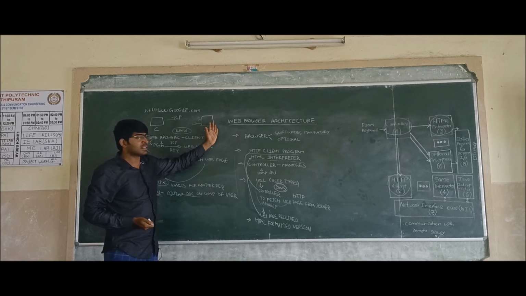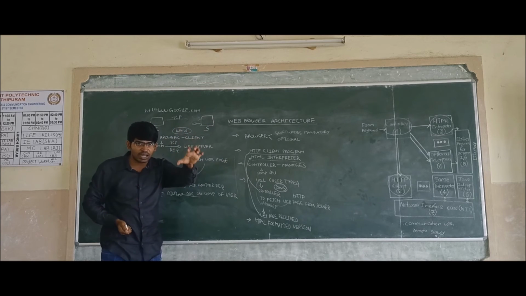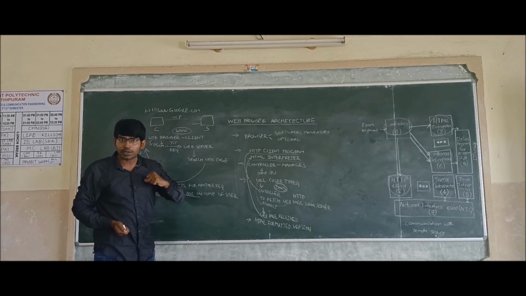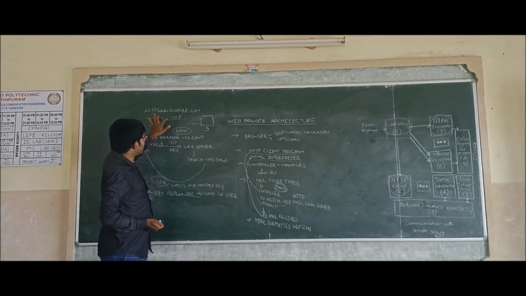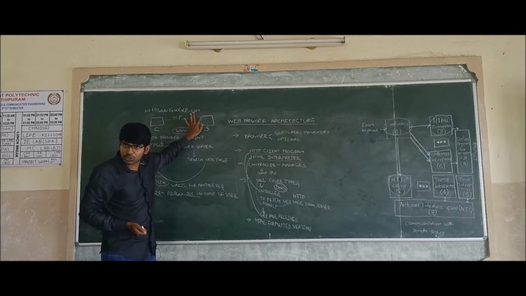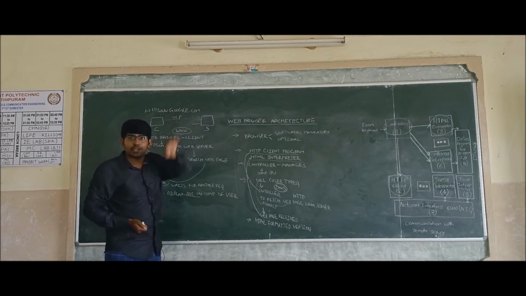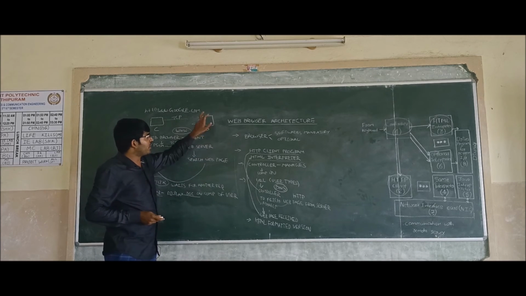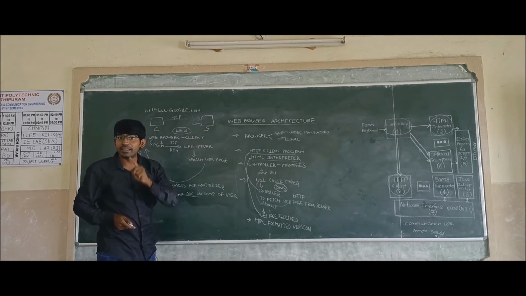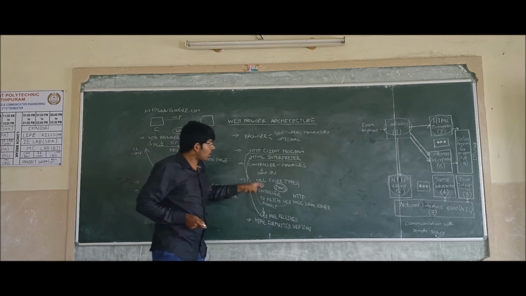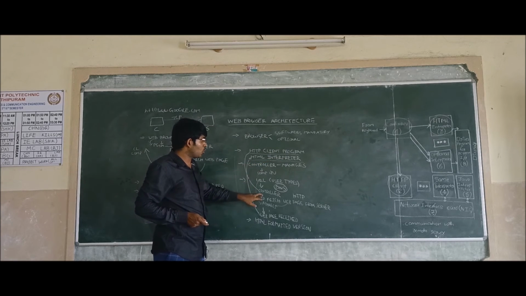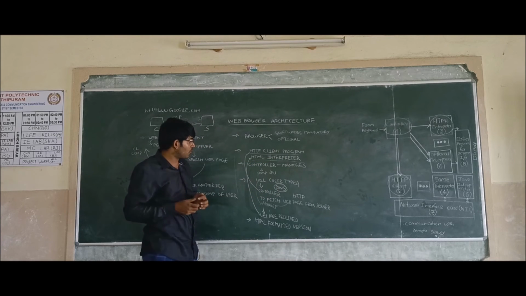To fetch the required web page from the server, HTTP is important to us. TCP is useful up to this point, but to enter the server and get the required web page, we definitely need HTTP. So that is how the HTTP client program is responsible for fetching the web page from the server.